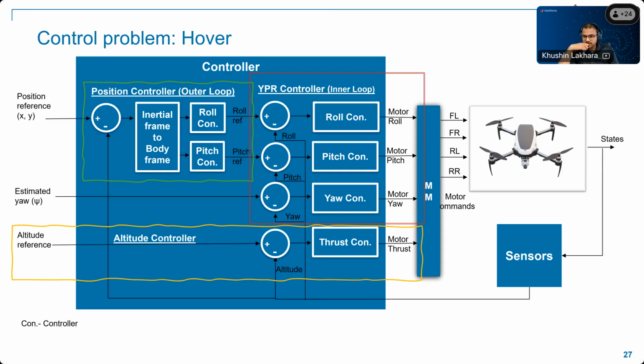Any guesses? We have 25 people in the room other than me, and that's a good number for us to discuss the drone dynamics and controls. So if you can let me know from where the position reference or altitude reference would be calculated, we can move to the next section.